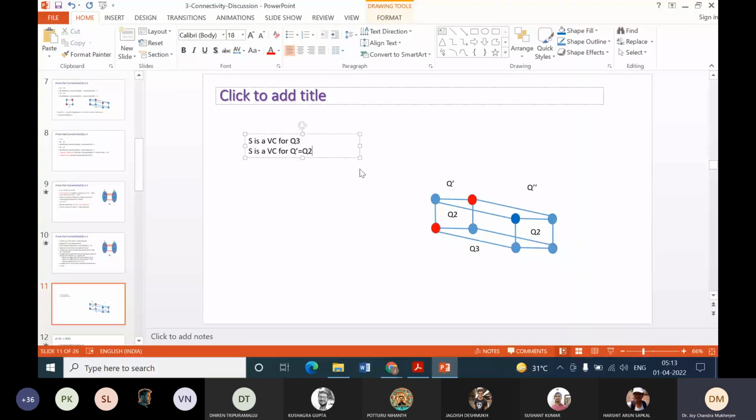Now, since connectivity of Q prime is equal to 2, that we have got from induction hypothesis, we can say that S has at least 2 vertices from Q prime.